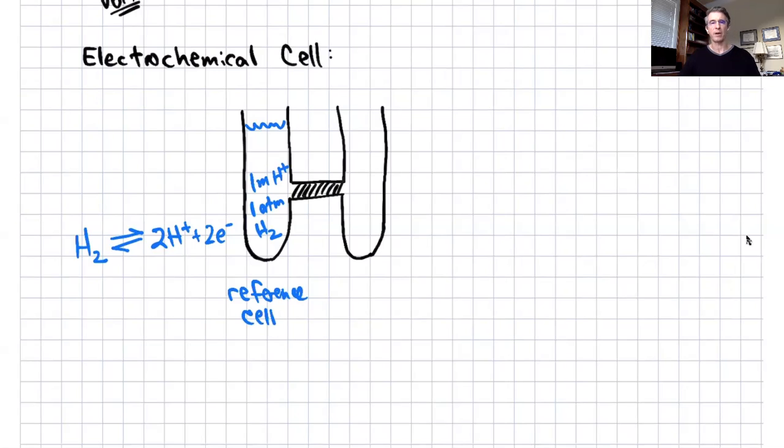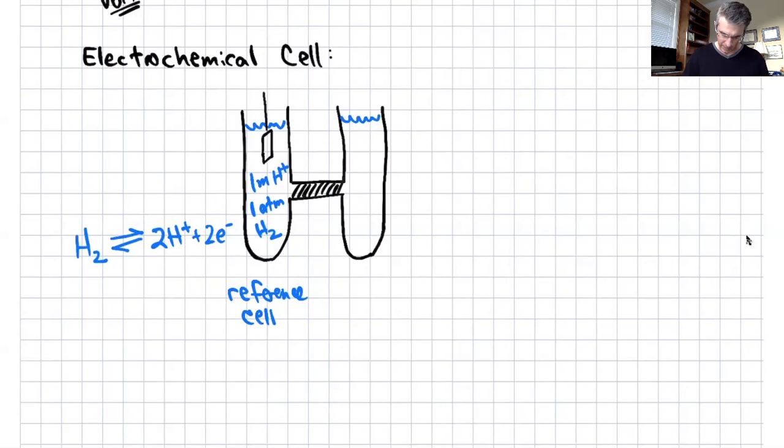Well, the secret of an electrochemical cell is that you don't just have a single test tube sitting there with 1 molar protons in it and 1 atmosphere of hydrogen gas. You have dunked into this thing a metal plate. It's usually made of a special type of metal.